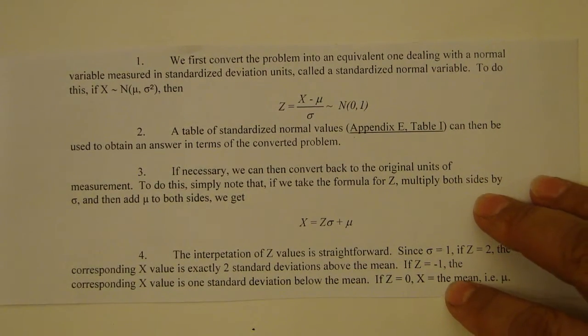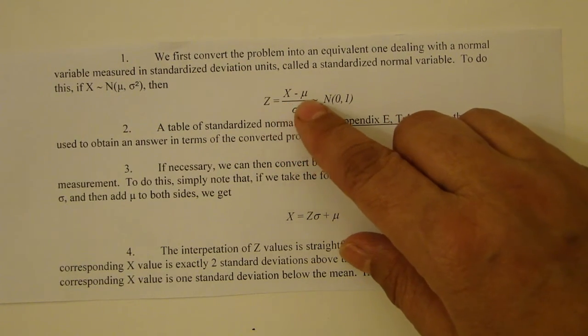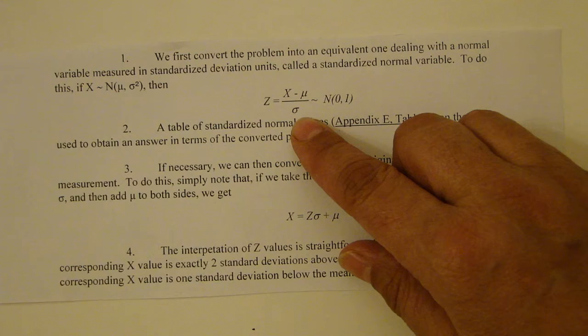Now, in order to know how I get the percent I want, we first convert the problem into an equivalent one dealing with a normal variable measured in standard deviations. In order to get this standard variable, we say that z is equal to x minus mu over sigma.